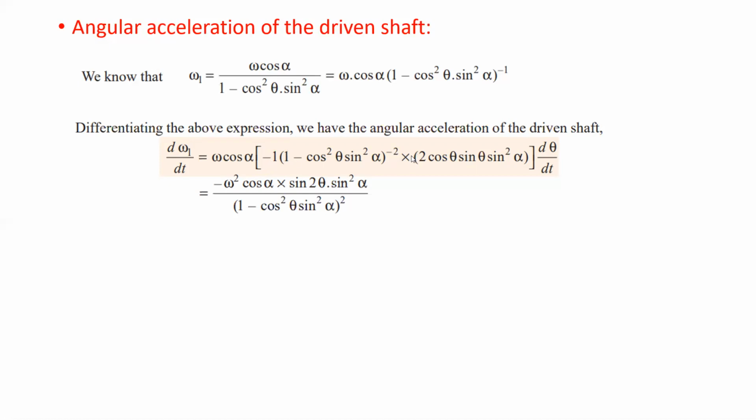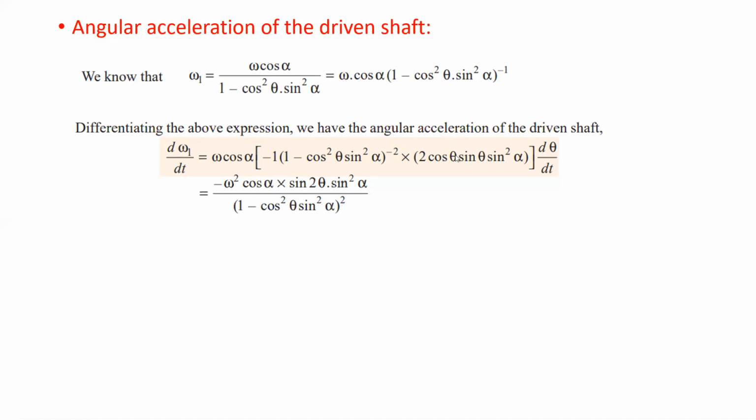Then in the bracket, it is the derivative of this, and later you have to take the derivative of this also, because it is not a function of t. It is not cos square t, it is cos square theta, and theta is again a function of t, which means you have to use the chain rule here.